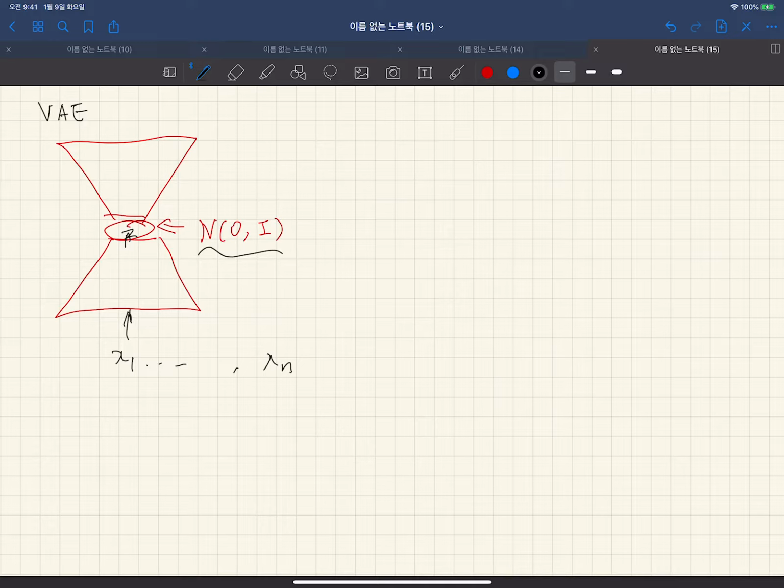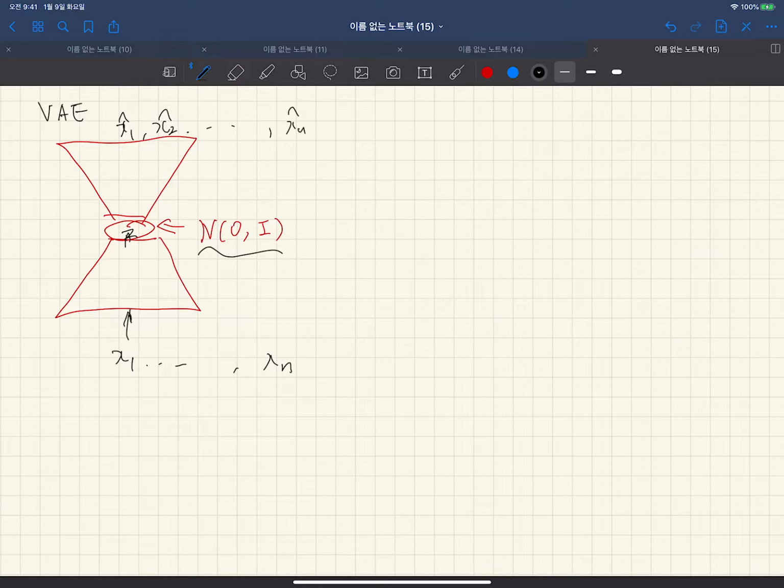Okay, and also, as before, we want to reconstruct x1 hat, x2 hat to xn hat that is very close to the original input x1 through xn.